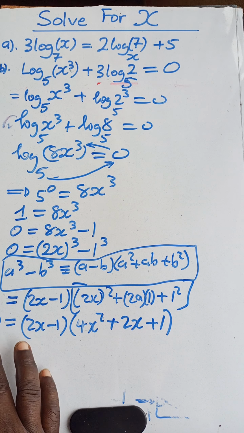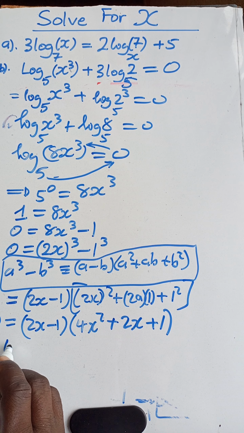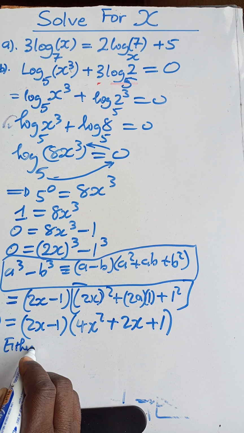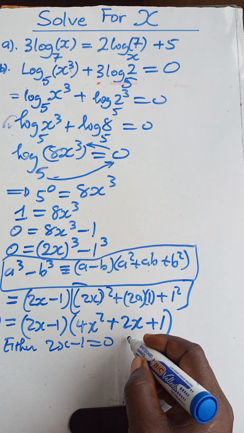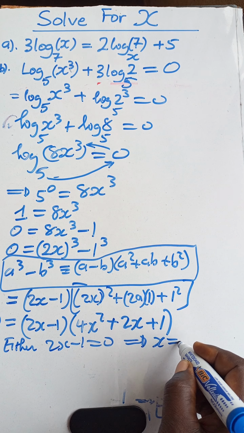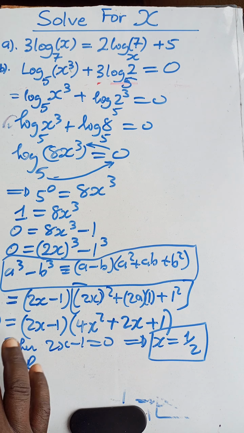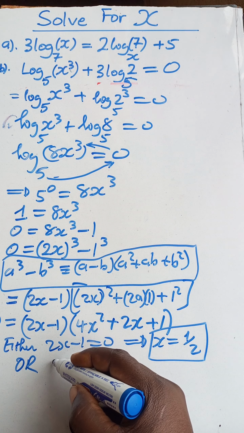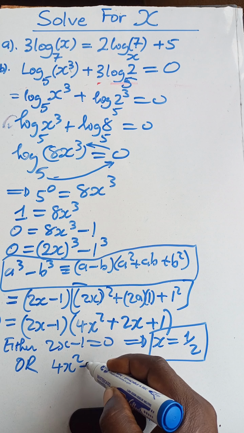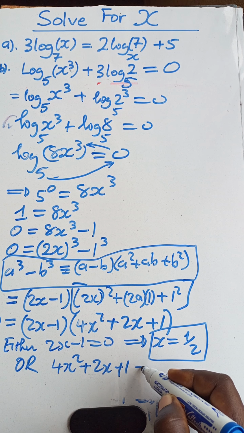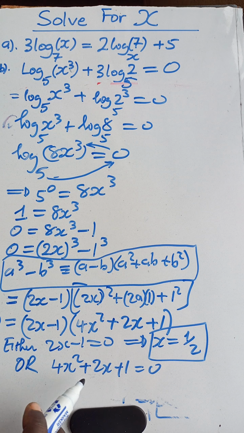So either 2x minus 1 is 0, which therefore means that x is a half, our first solution, or 4x squared plus 2x plus 1 equals 0. Here we have a quadratic to solve in terms of x.